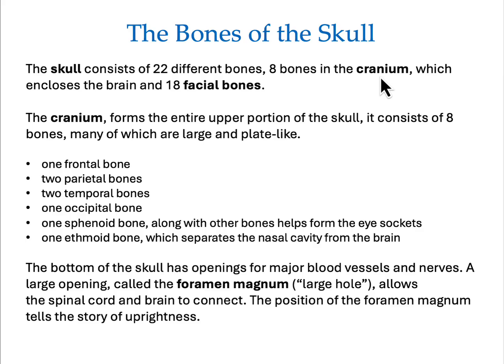The bottom of the skull has openings for major blood vessels and nerves. A large opening called the foramen magnum, which translates from the Latin as large hole, allows the spinal cord and brain to connect. The position of the foramen magnum tells the story of uprightness.